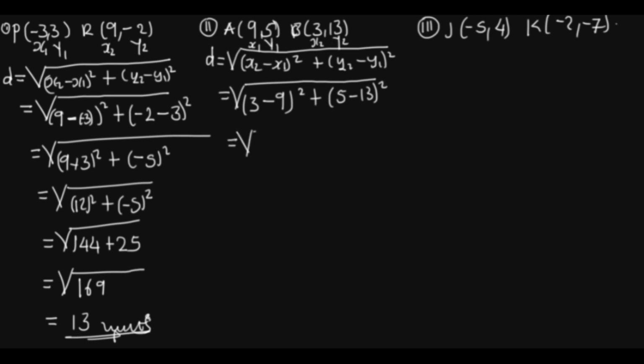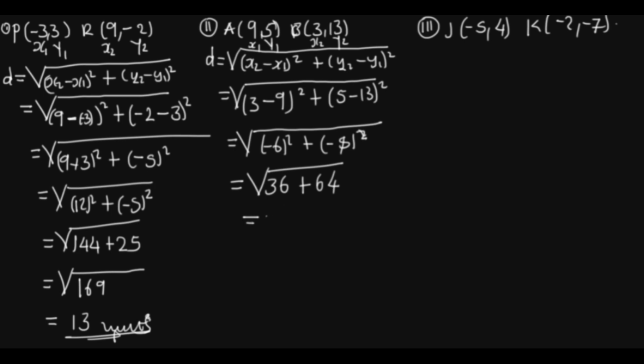So 3 minus 9 is negative 6 squared plus 5 minus 13 is negative 8 squared. Negative 6 times negative 6 is positive 36 plus negative 8 times negative 8 is positive 64. 36 plus 64 is 100. Then the square root of 100 is 10.